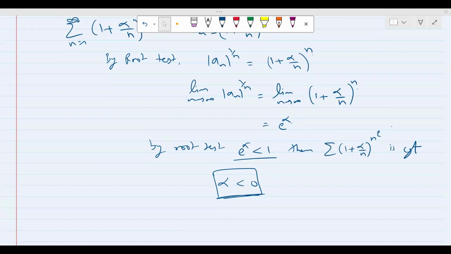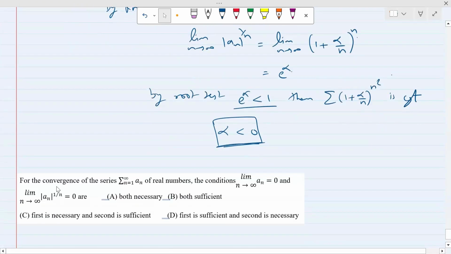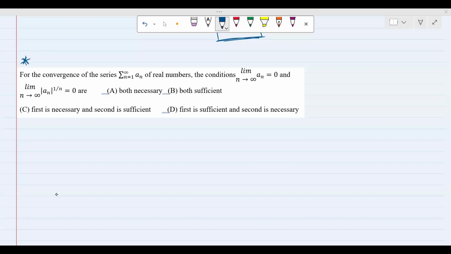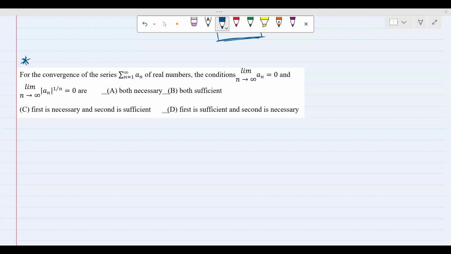One easy question. I hope you understand the difference between necessary and sufficient.